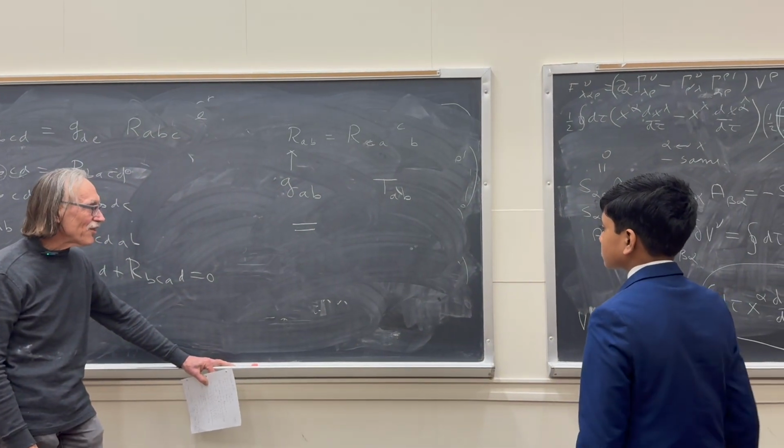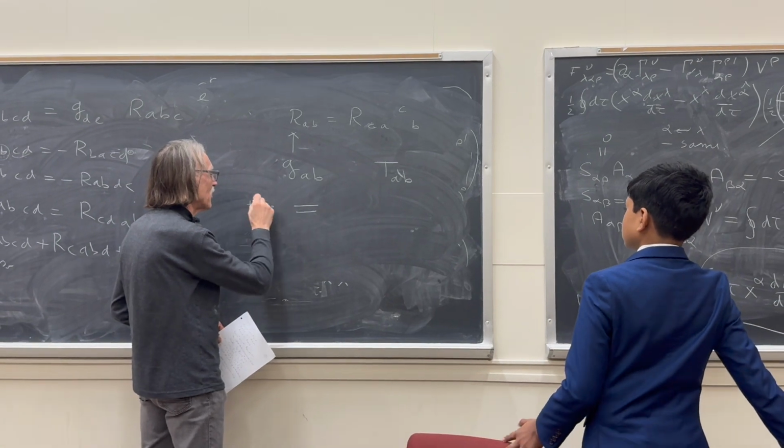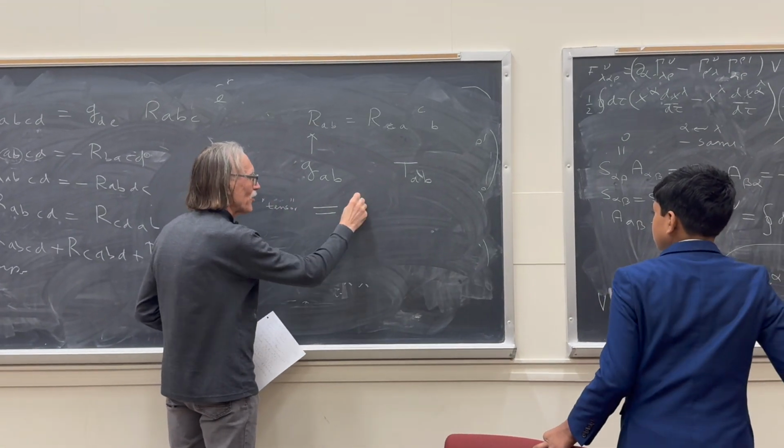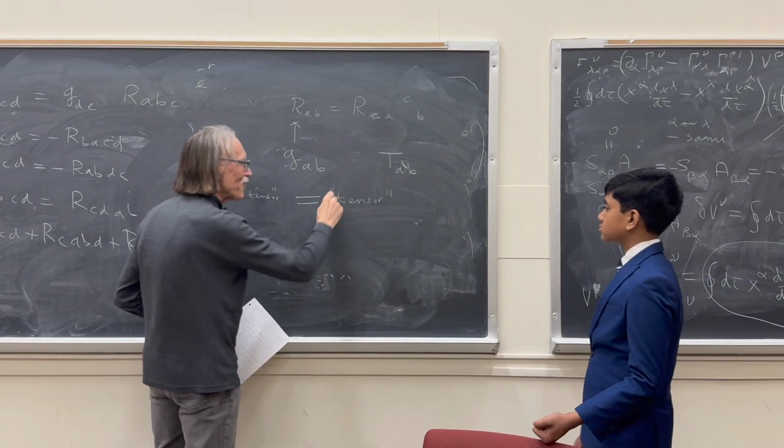In equations in physics, the tensor form on the left has to be equal to the tensor form on the right.